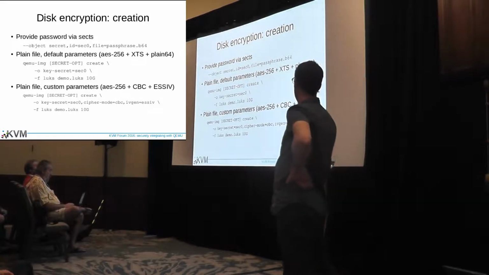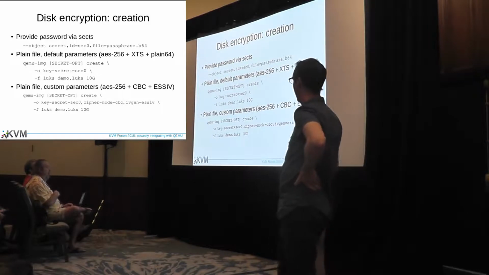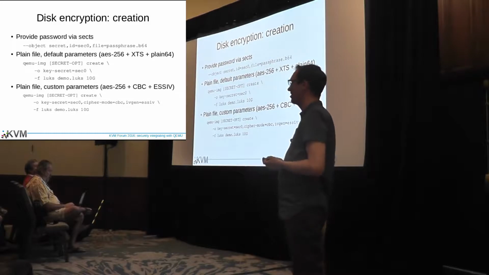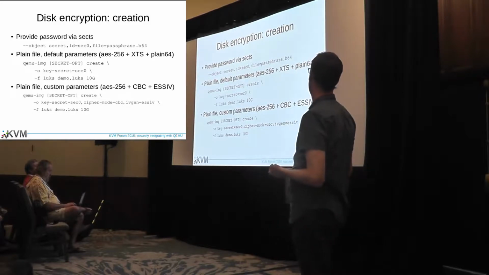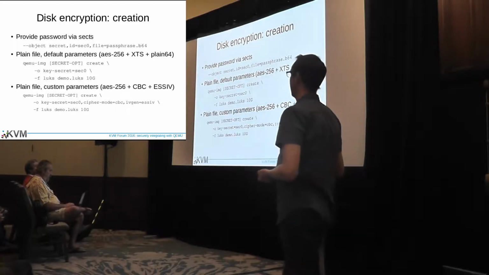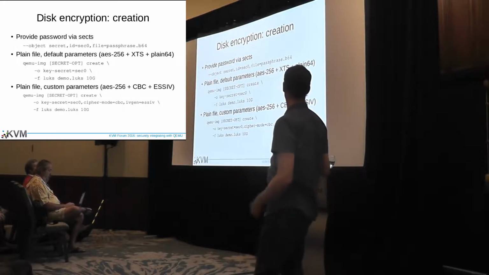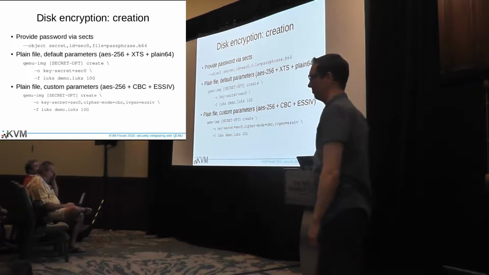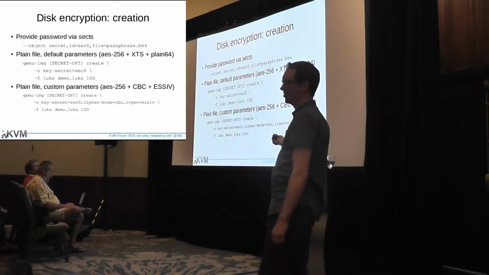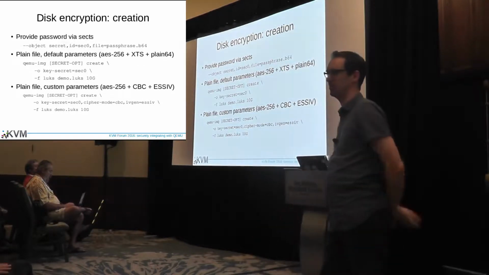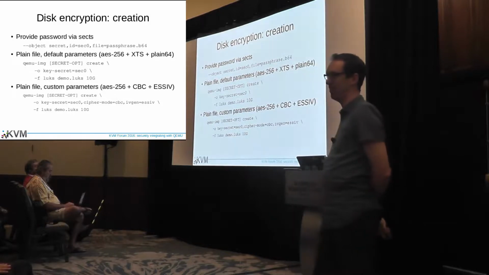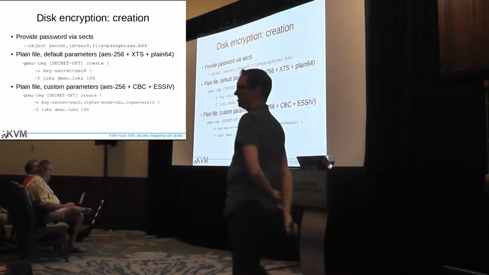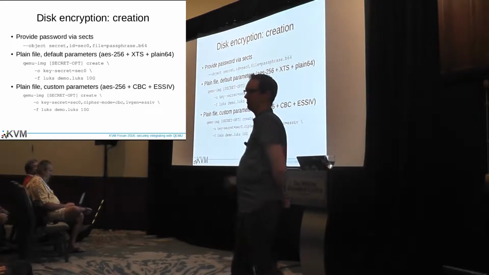And this will create you a plain file that's using the LUKS encryption format, using the default parameters, which we've chosen to be AES-256, the XTS cipher mode, and the plain 64 initialization vector algorithm. Those defaults were chosen to match the current defaults that are used in RHEL and Fedora. But we don't guarantee we'll keep those defaults as the defaults forever.